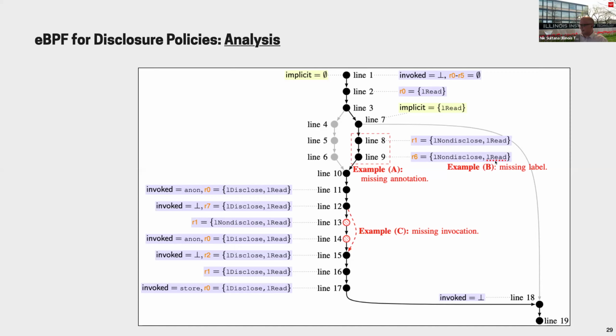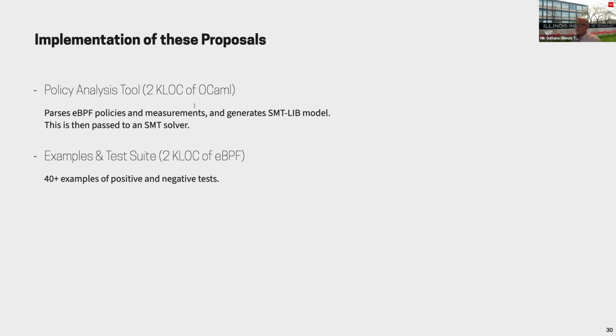These are examples that I explored of challenging the setup when annotations are missed, or when there are bugs in the program or in the policy, to check what happens when they are. In terms of implementation, the tool works by producing a model from the policy that's encoded in eBPF, and the measurement program that's encoded in eBPF, and produces an encoding of that in so-called SMT, satisfiability modulo theories.